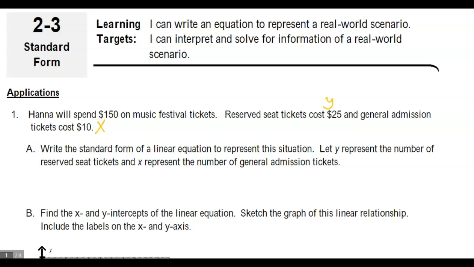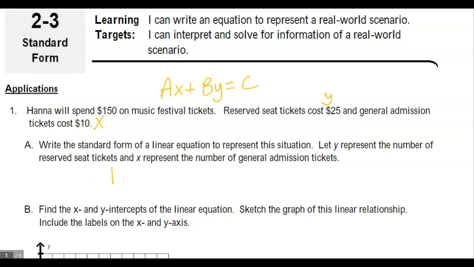And then it says write a standard form equation. Remember, our standard form is ax plus by equals c. So what is our standard form here? We just take how much a ticket costs for each. So all you are doing for 1A is writing 10x because it's $10 per ticket.